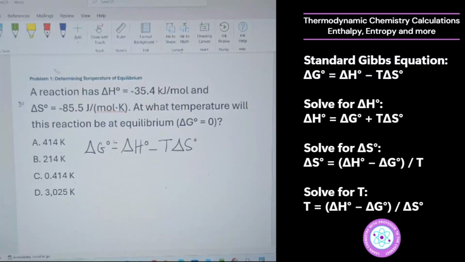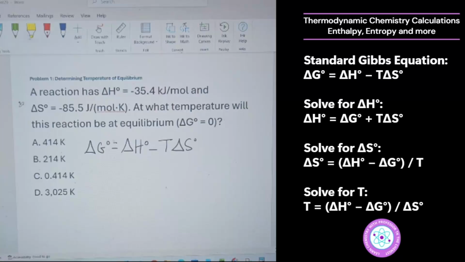It says a reaction has a delta H of negative 35.4 kilojoules per mole, and delta S is equal to negative 85.5 joules per mole dot Kelvin. At what temperature will this reaction be at equilibrium, delta G equals 0?